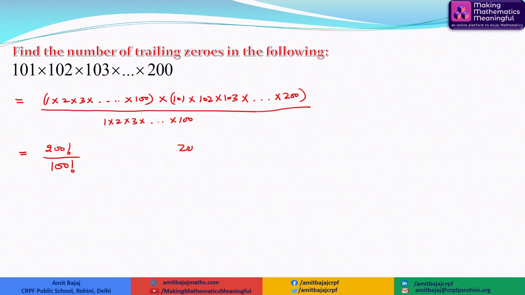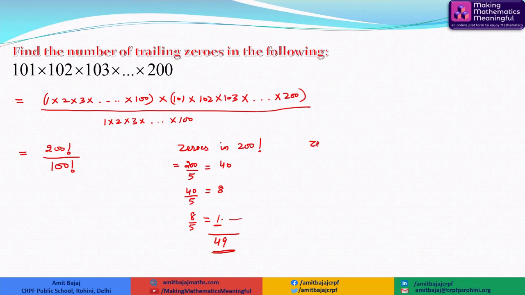Now, the number of zeros in 200 factorial, how are we going to count them? This is simply dividing it by 5, it's 40. Repeat the similar procedure, it's 8. 8 divided by 5, 1 point something, choose 1 from here. So here we have 49 zeros.